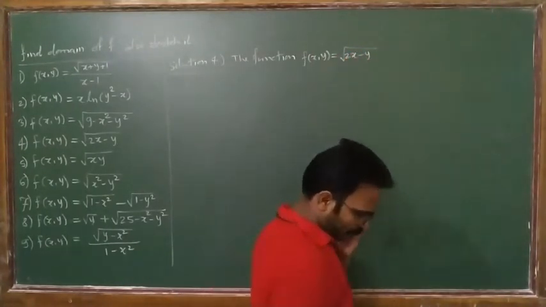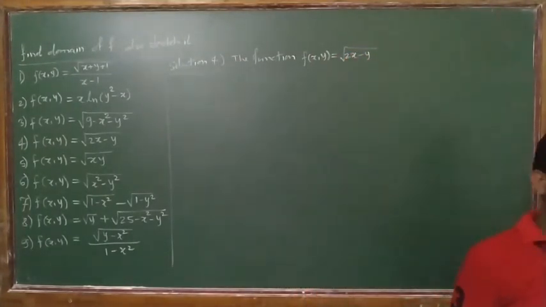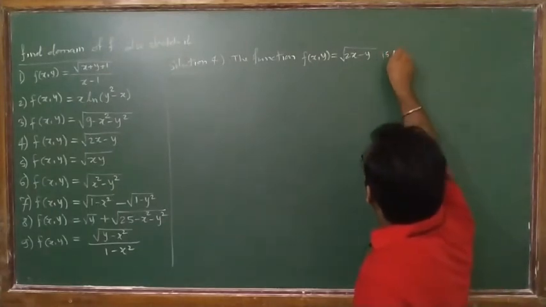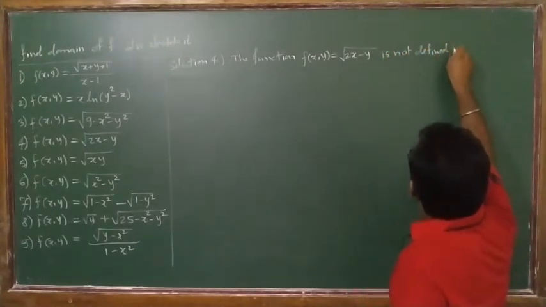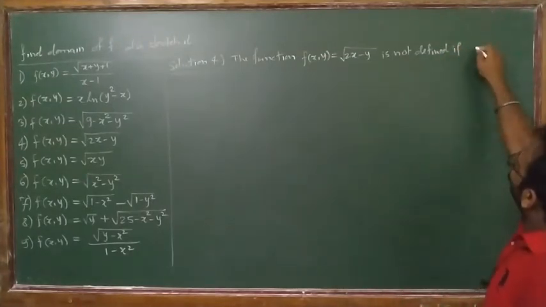The same case, a square root is there, so the quantity under the square root should be greater than or equal to 0. So this will be not defined if this quantity is negative.